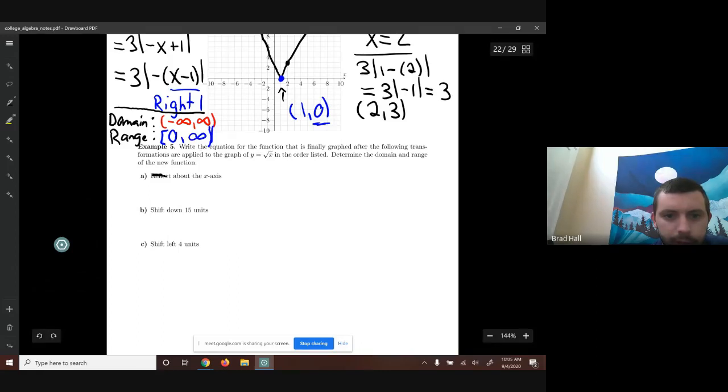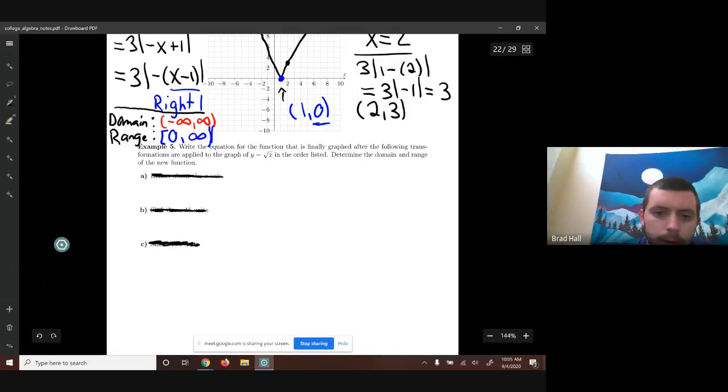So I'm going to change problem A. So ignore all of these. So part A, I'm going to ask, we'll shift up 5 units. Part B, we will reflect about the x-axis.